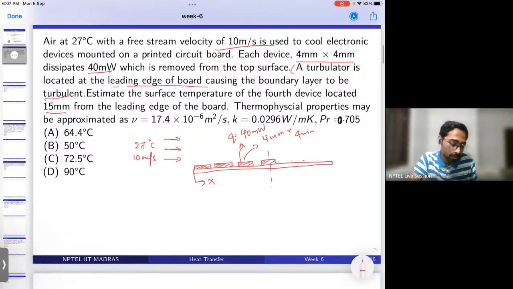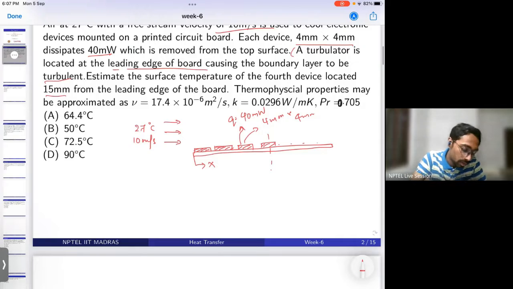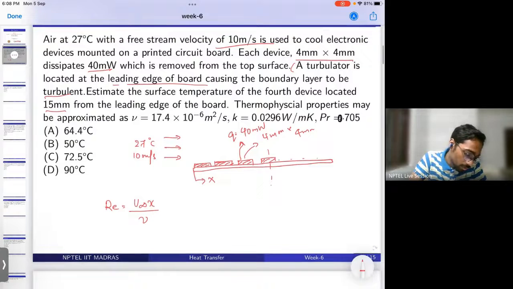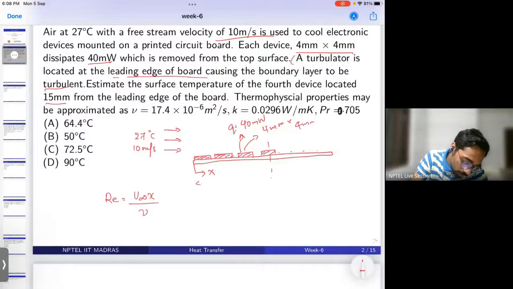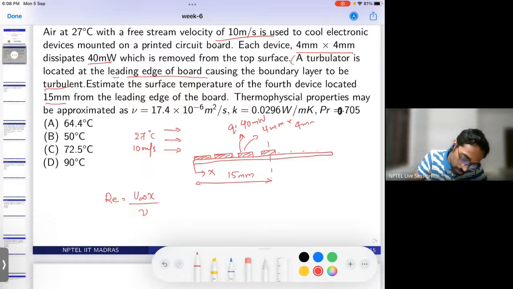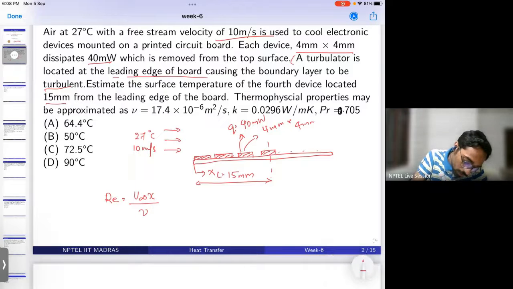So first we will find the Reynolds number, that is Reynolds number is equal to u infinity x divided by nu, right? And this length is also given, which is around 15 mm, so we can replace L is equal to 15 mm.